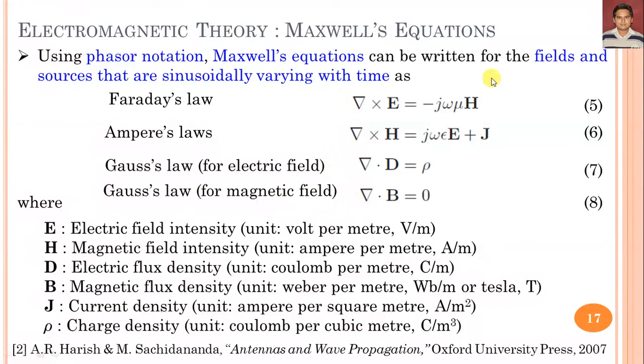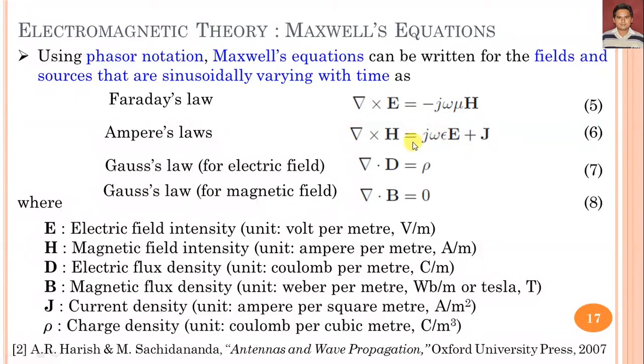four Maxwell equations that were presented by Maxwell in the half of the 19th century, and the full name is James Clerk Maxwell. These Maxwell equations can be represented mathematically in differential form, and here we are putting d by dt equal to j omega.